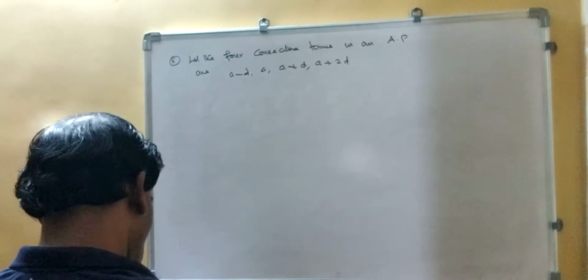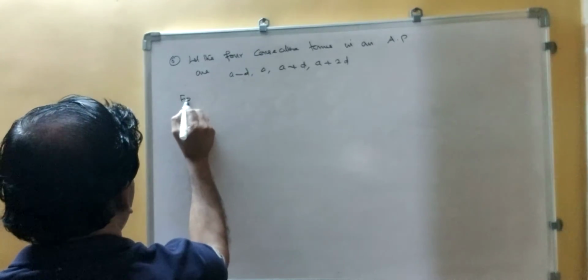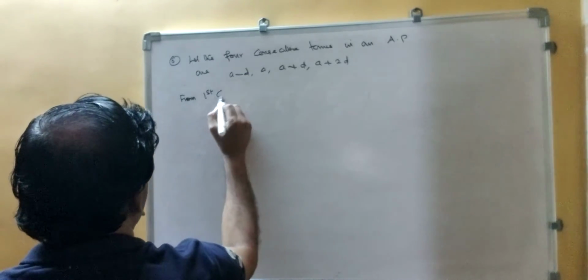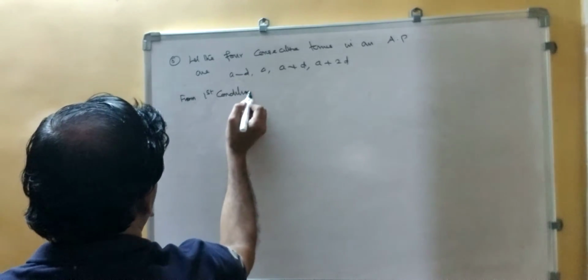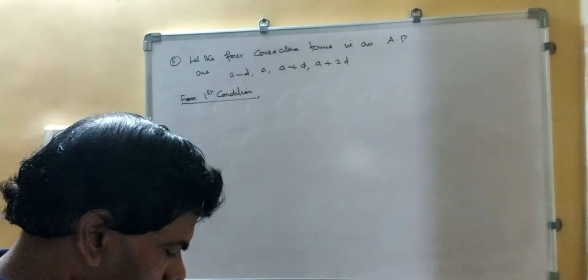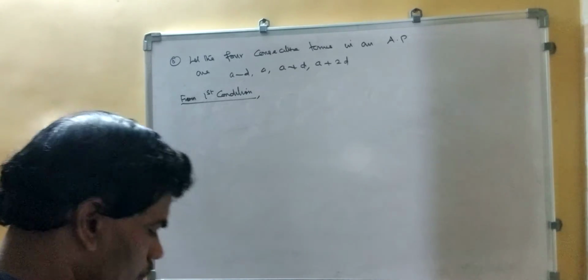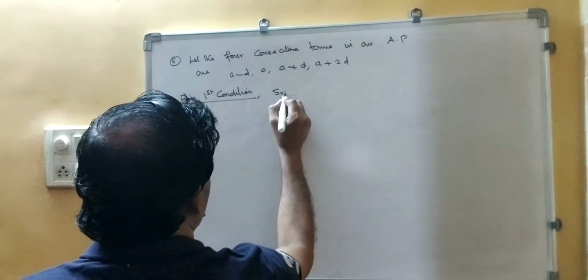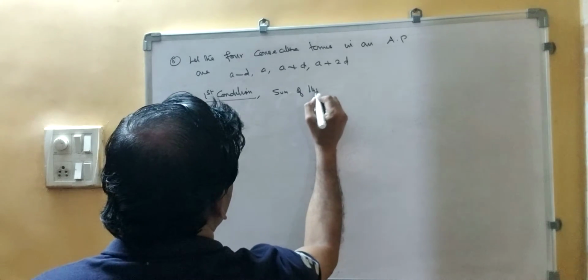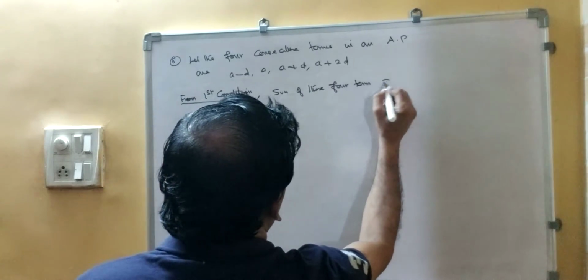Okay. Now, what does the condition say? From the first condition, you see, the sum of all these 4 terms is 12. So, the sum of these 4 terms equal to 12.